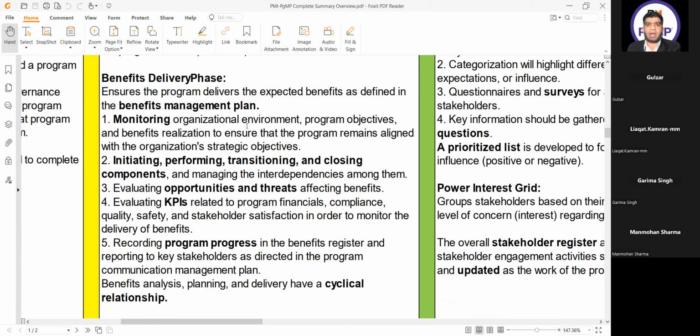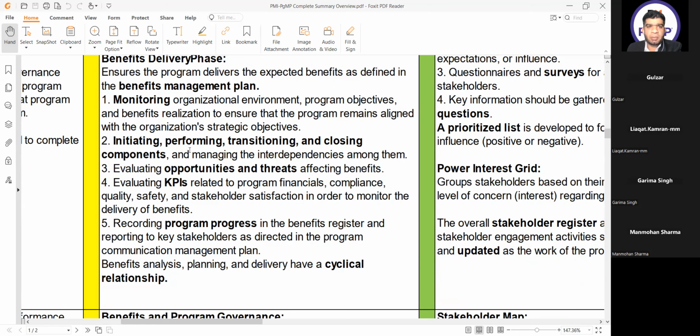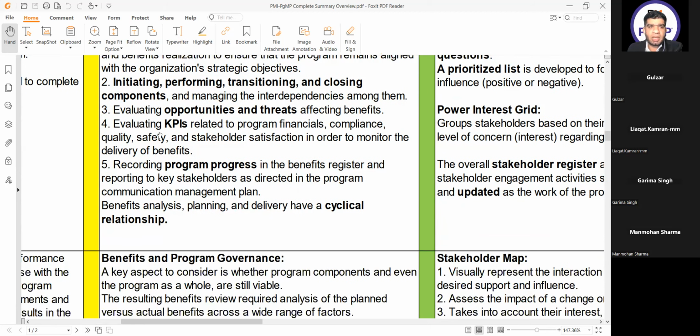Monitoring organizational environment, program objectives and benefits realization to ensure that the program remains aligned with the organization's strategic objectives, initiating, performing, transitioning and closing components, and managing the interdependencies among them, evaluating opportunities and threats affecting the benefits, evaluating KPIs related to program financials, compliance, quality, safety, and stakeholder satisfaction in order to monitor the delivery of benefits.